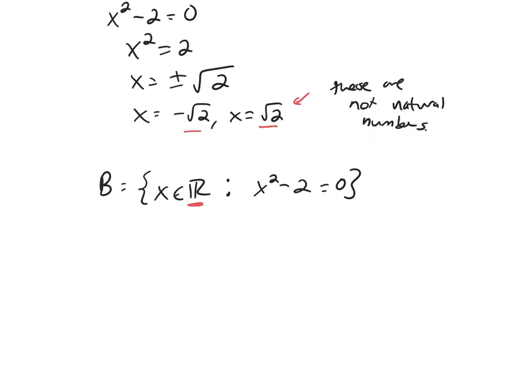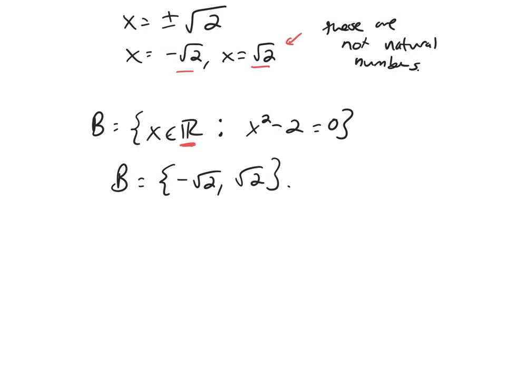It contains two elements, and those are negative square root of 2 and square root of 2. So it's important to pay attention to your domain, essentially, or what set your elements belong to.